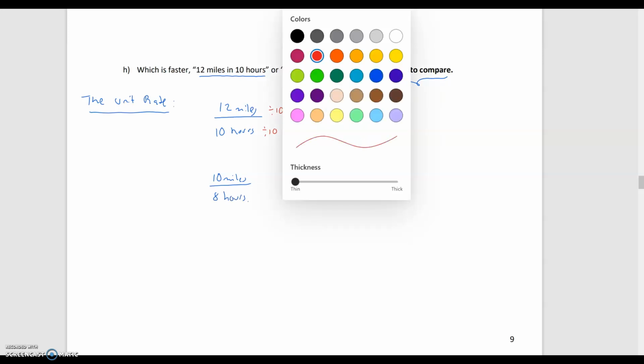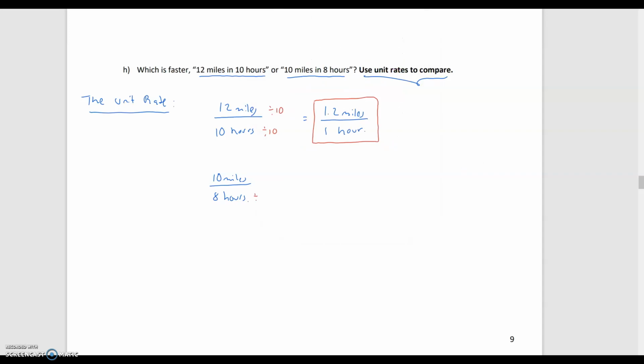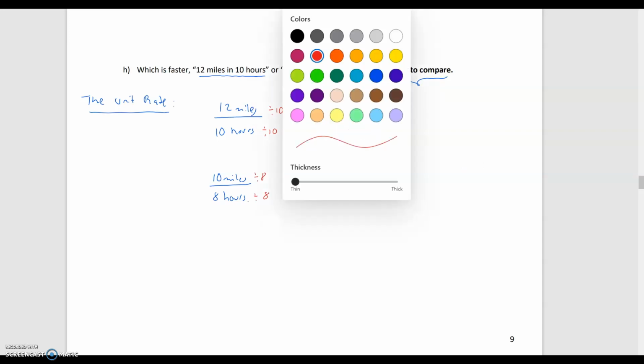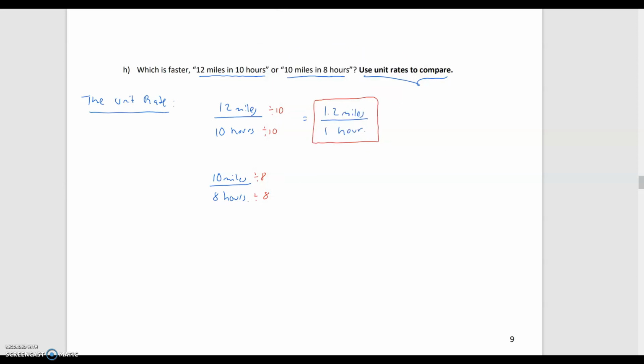Similar to what we did above, we're going to be dividing by 8. Let me carry the calculation on the side. So we technically have 10 divided by 8, which is equal to 5 times 2 divided by 4 times 2, and you're looking at 5/4.